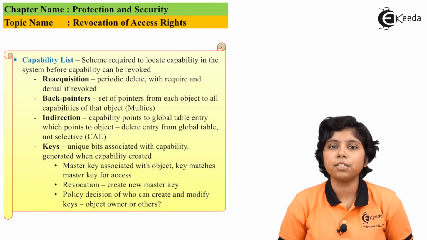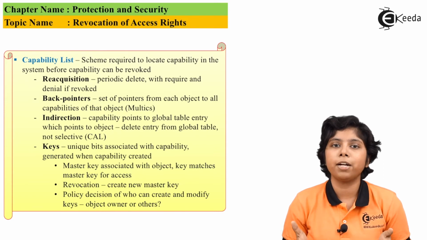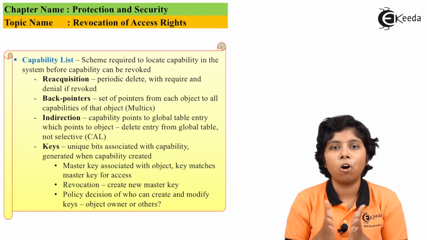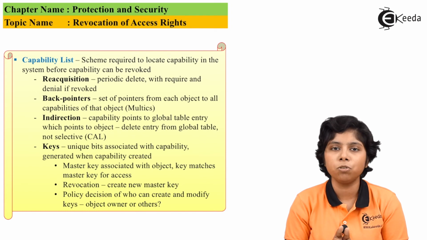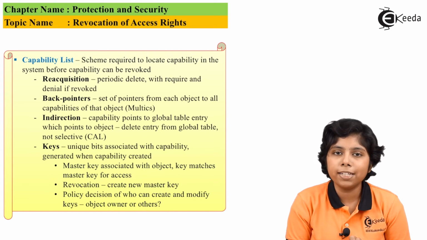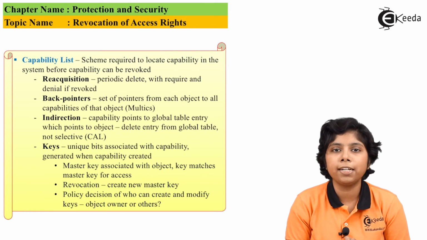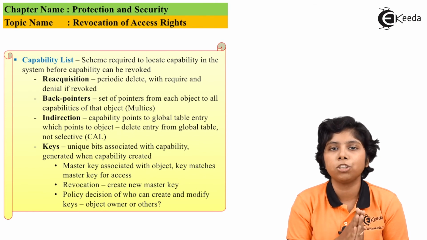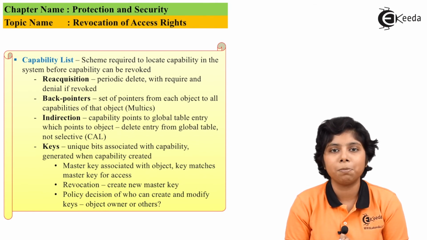In this process, a set of master keys can be attached to each object, or a set of objects can be attached to each master key, which gives more flexibility in the performance of the protection domain. In this way, the access rights get revoked from the capability list.